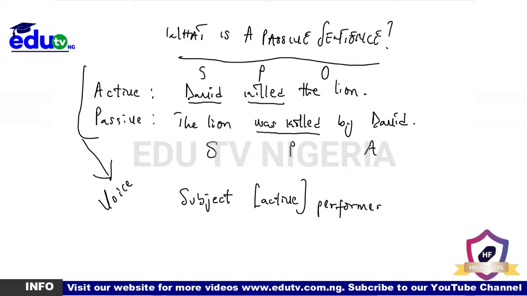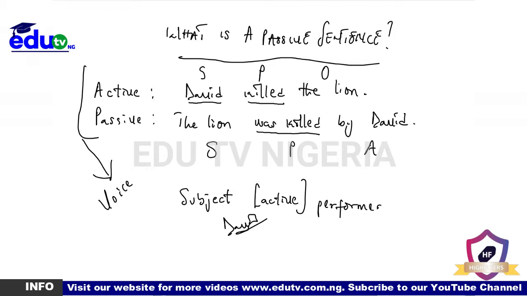Now if you hear the sentence David killed the lion, if I ask you who killed the lion, what's your answer or what's your response? David. Do you understand that? So David killed the lion. So in the active sentence, the subject is usually the performer of the action.